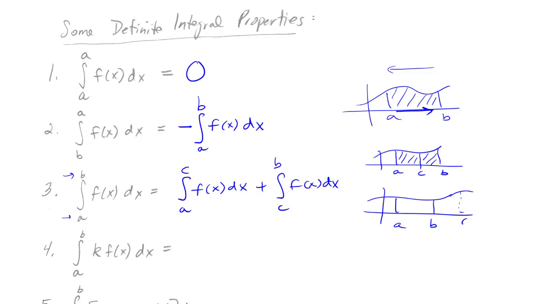So C could be out here. How do we end up getting this area? Well, if we go from A to C, we would get this red area. Then if we went from C to B, we would be subtracting off this portion right here, and in the end we would end up with just this area in here.